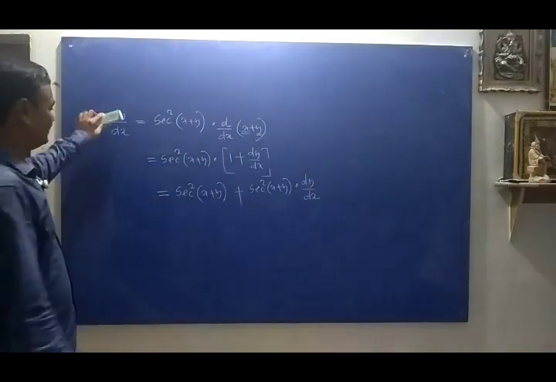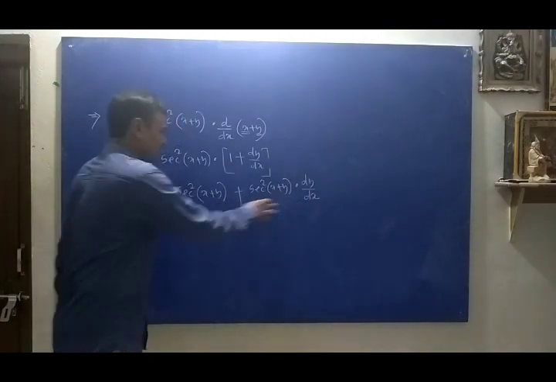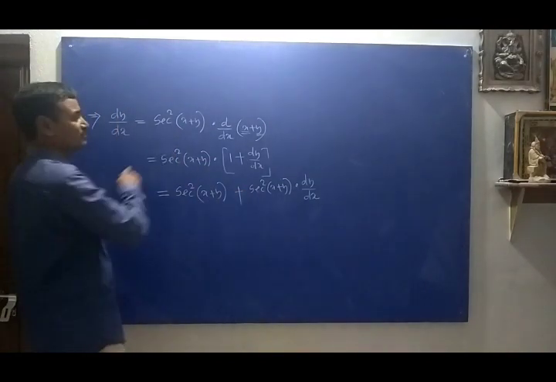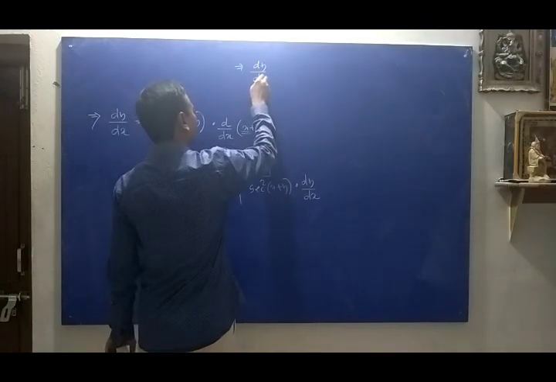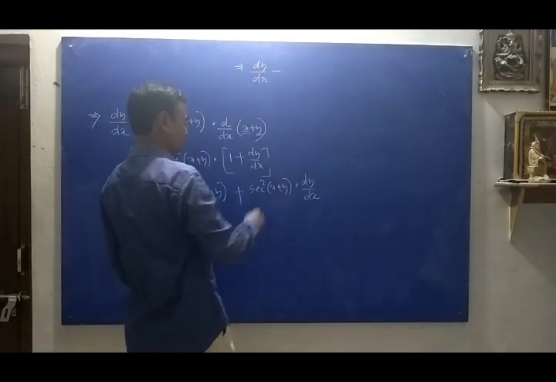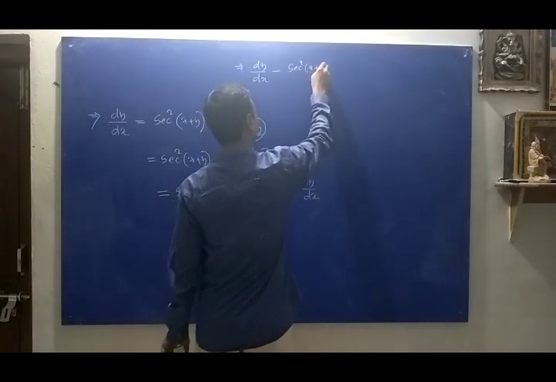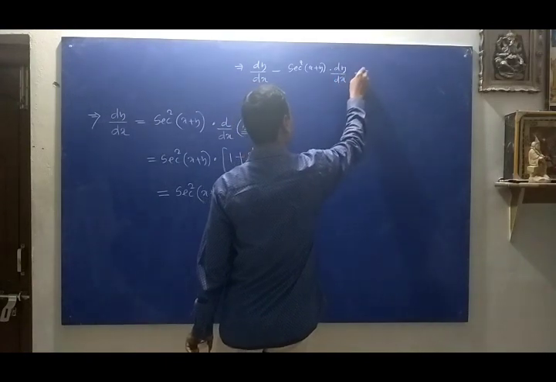That means a is equal to b plus c. So take the c term to the left hand side, and take dy by dx as common. What is the result? dy by dx minus sec square of x plus y into dy by dx.